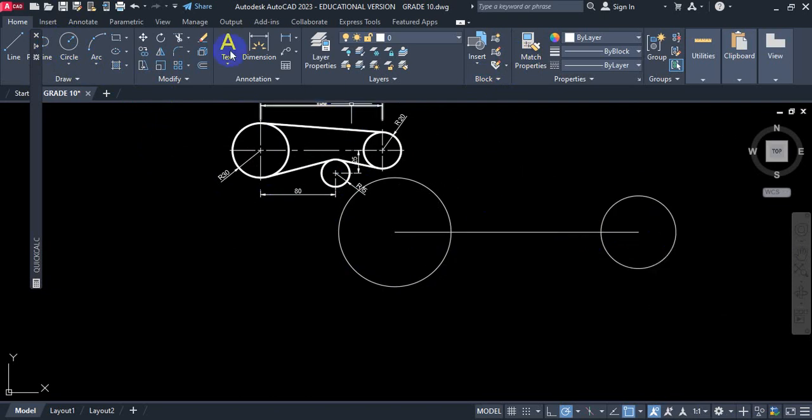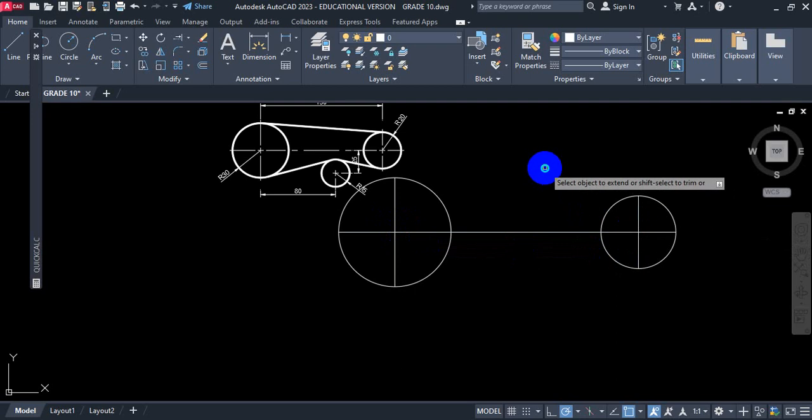Okay, that's sorted. I will quickly get my center lines in the right places. I need this vertical center line for now, then I need this vertical center line, so I can quickly extend these center lines.